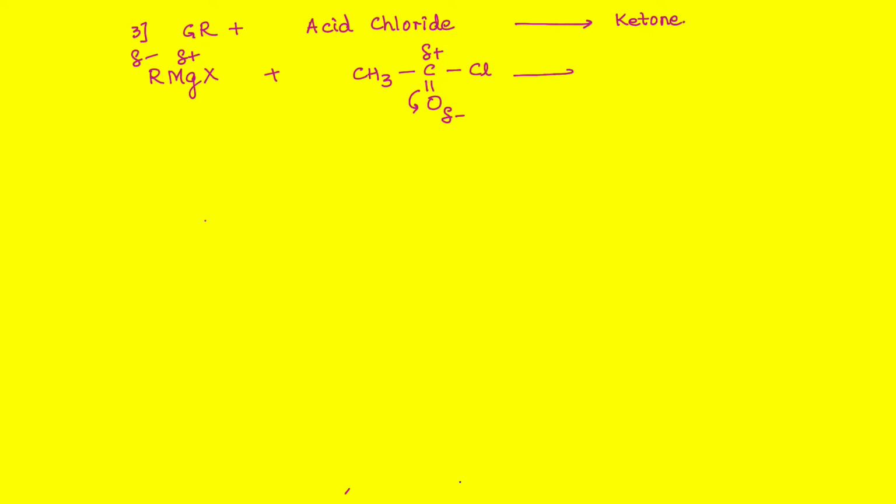Go ahead, add the negative to the positive, positive to the negative. So what we have here is oxygen says, come magnesium, I have some electrons for you. And the alkyl group goes and attacks the carbon of the C double bond O.